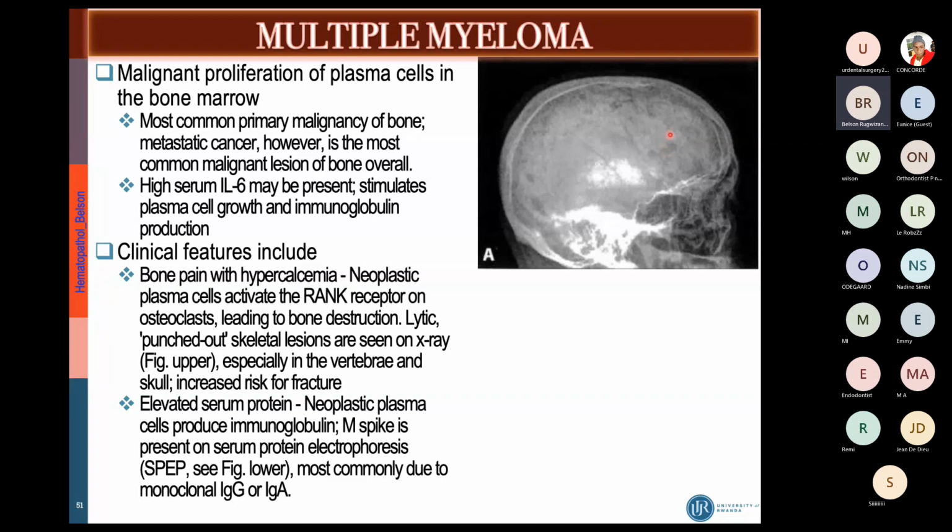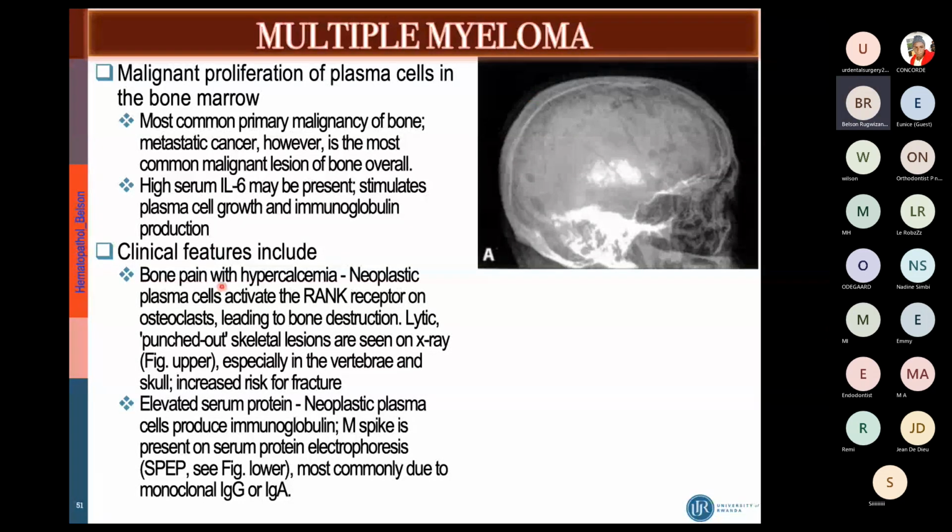These are osteolytic lesions, the punched out lesions on the X-ray, which should show that probably this is a neoplasm. So that is one.